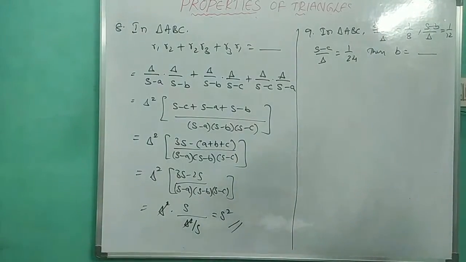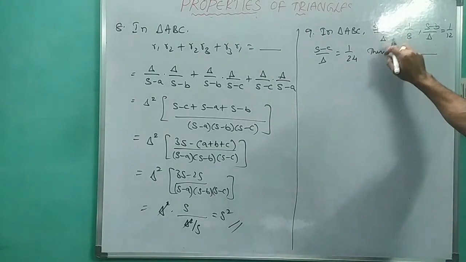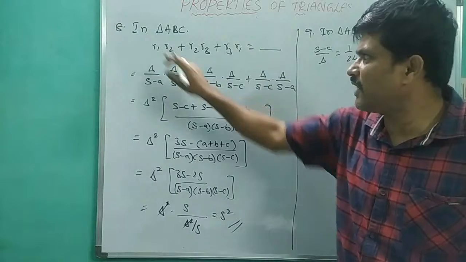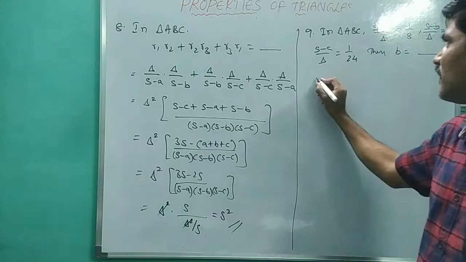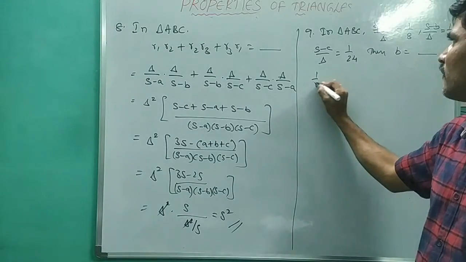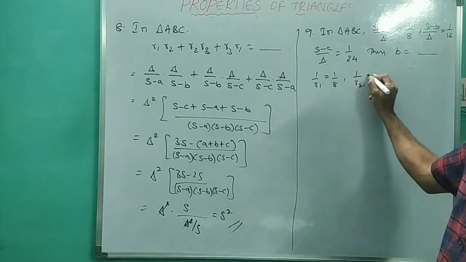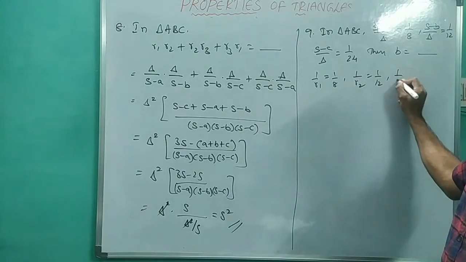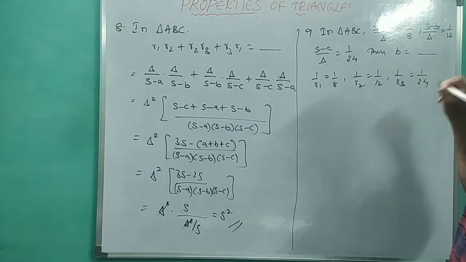So here we have to observe S minus A by delta. So clearly we have to observe delta by S minus C is equals to R1. Now this reciprocal is there. S minus A by delta can be written as 1 by R1. So 1 by R1 equal to 1 by 8. Similarly 1 by R2 equal to 1 by 12. In that 1 by R3 equal to 1 by 24.